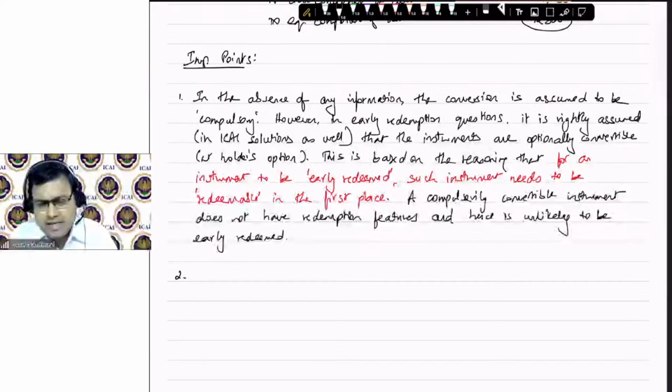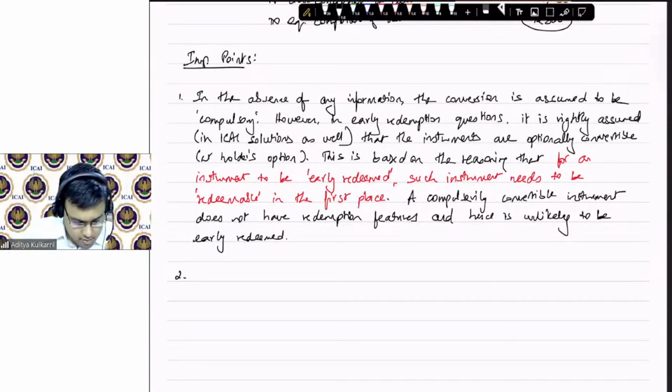Second one, there is the conversion price. So we'll write a point so that you can avoid any confusions in the future.